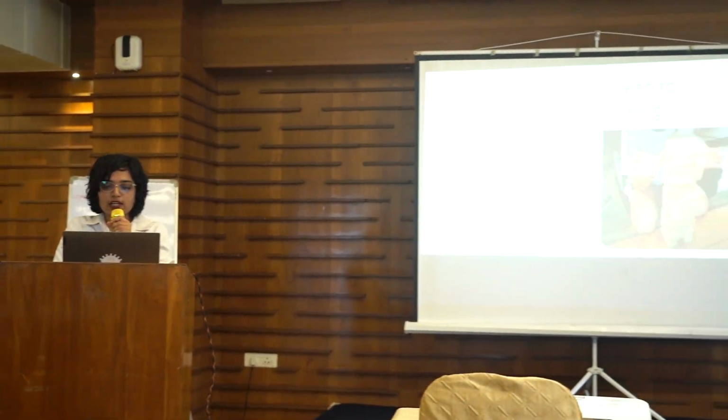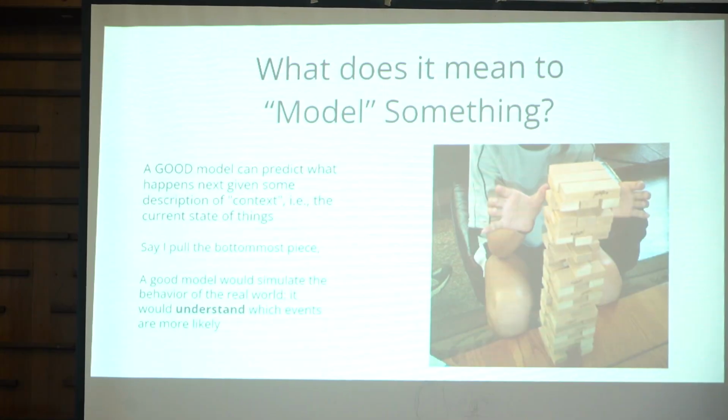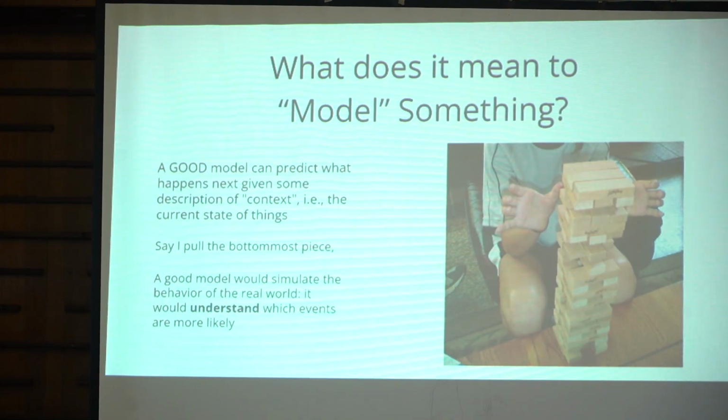As I said, one of the things was language modeling. So how do you know what it is to model language? Let's say here is an example of Jenga. Here we can say that Jenga is a model of a physics-based representation. If I pull out the bottommost boards or whatever, the whole Jenga will fall. And this model exactly replicates physics because it shows gravitation.